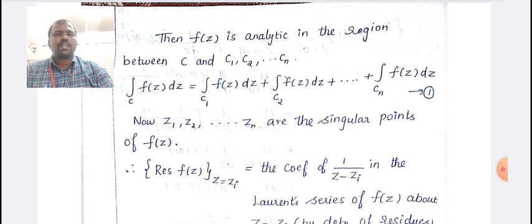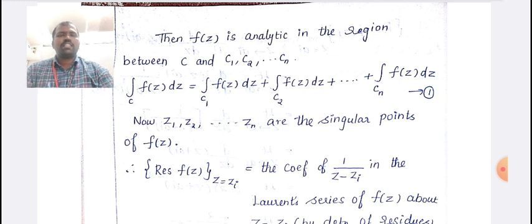So the formula changes to: integral over C1 f of z dz plus integral over C2 f of z dz plus etc. plus integral over Cn f of z dz.